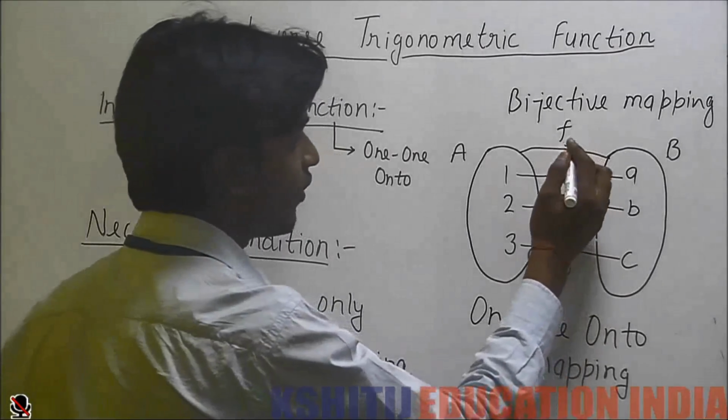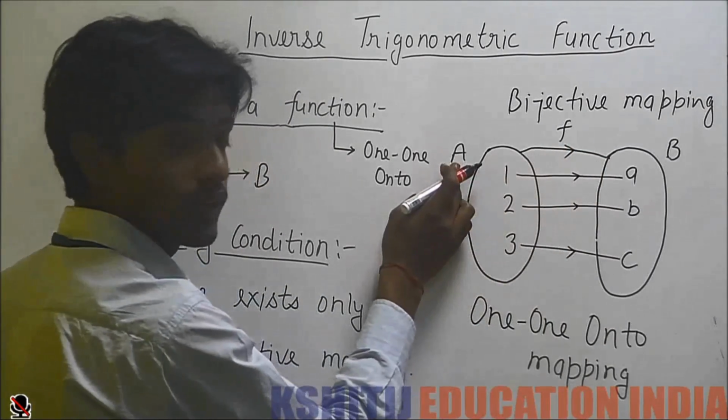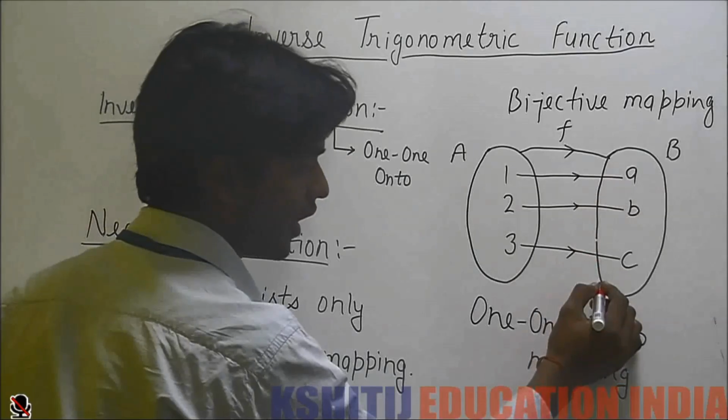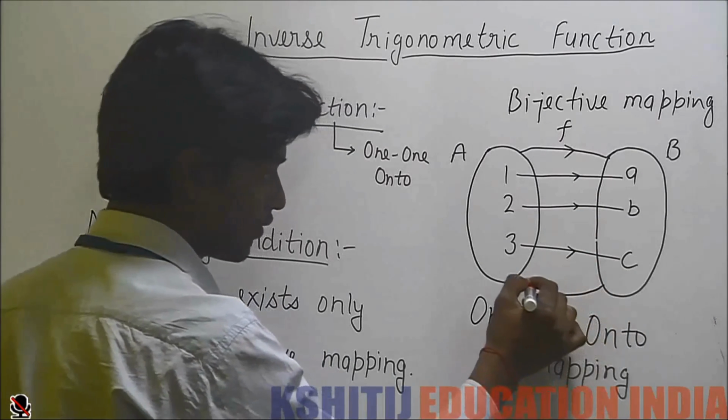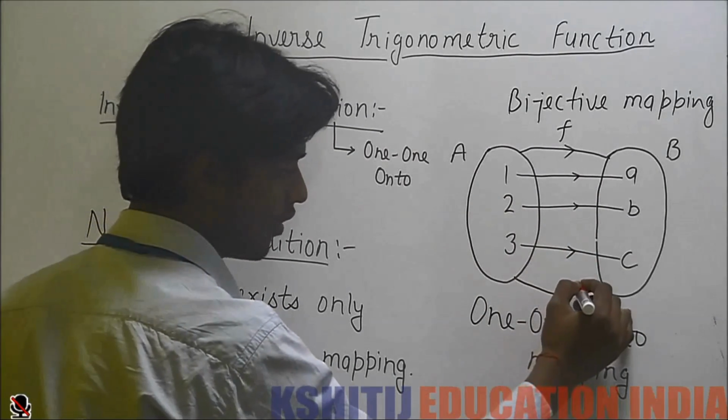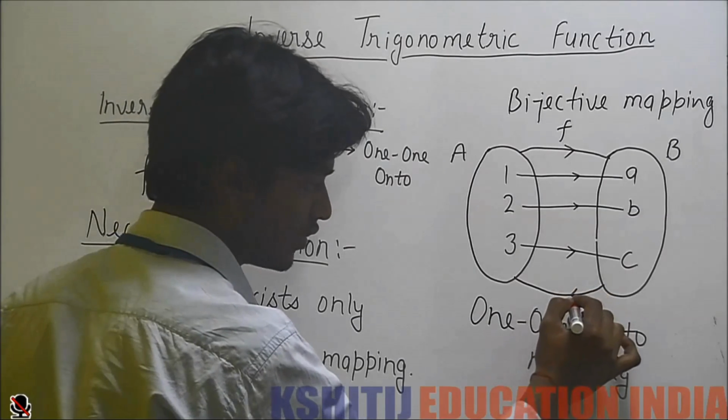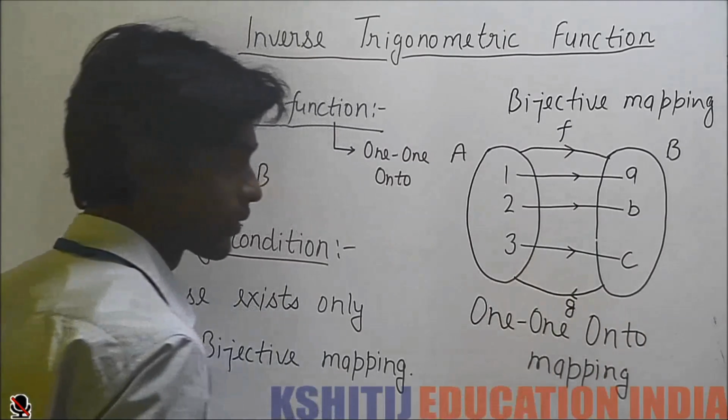So for the given function f, which is defined from set A to set B, a reverse function we can also define, that is g. Okay, is it clear?